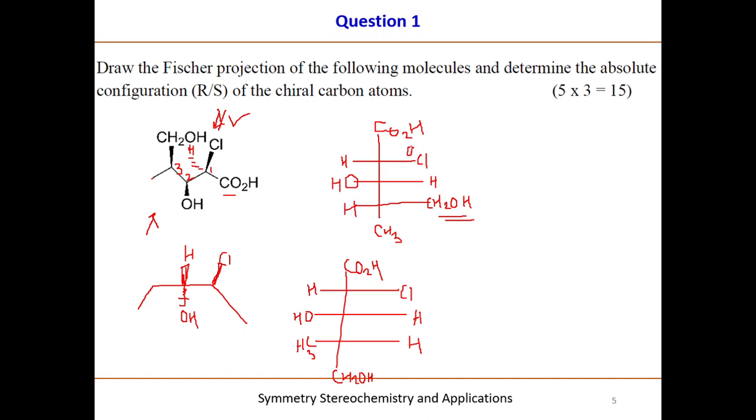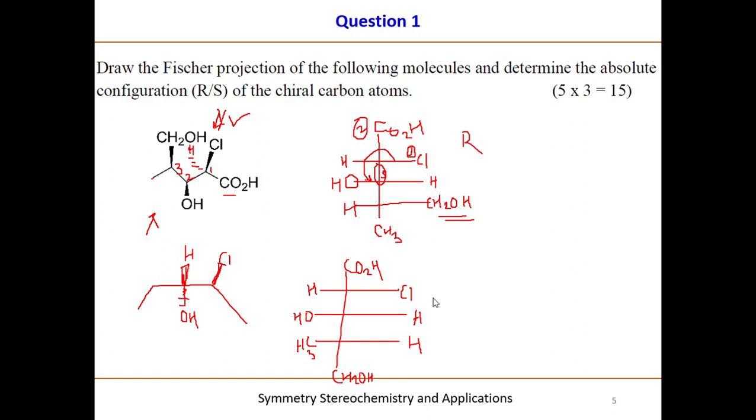First priority will be given to the Cl group. Then second is the acidic group, and third priority will be given to the whole molecule. So 1, 2, 3. It's moving in the counterclockwise direction, but because the least priority group is present on the horizontal line, we will write here R.